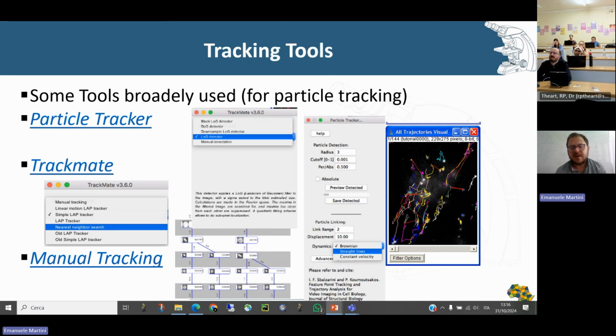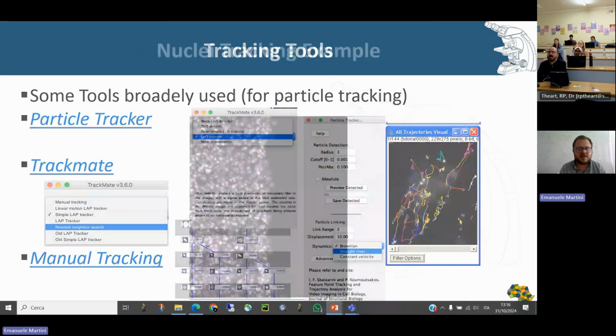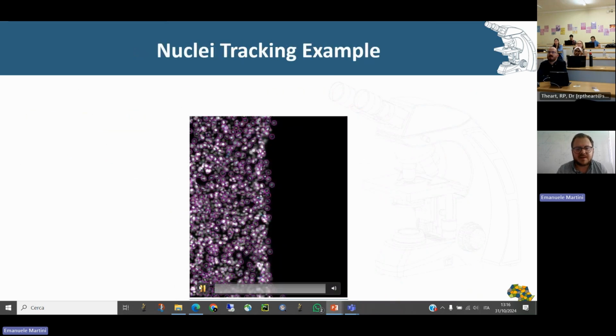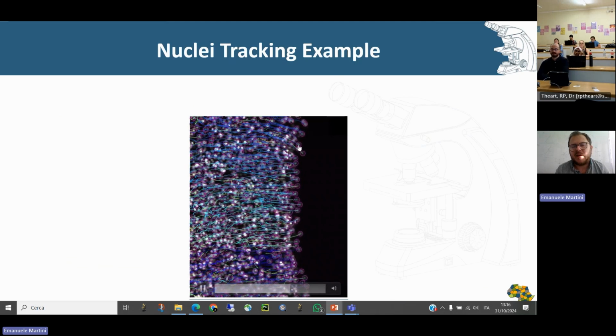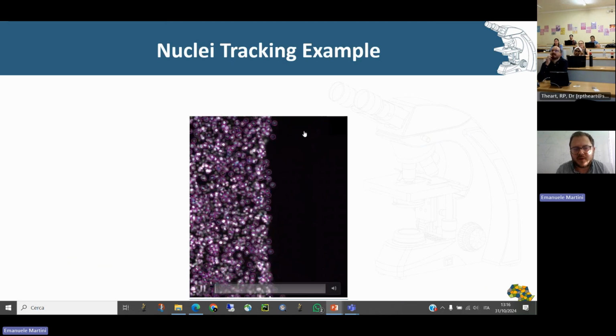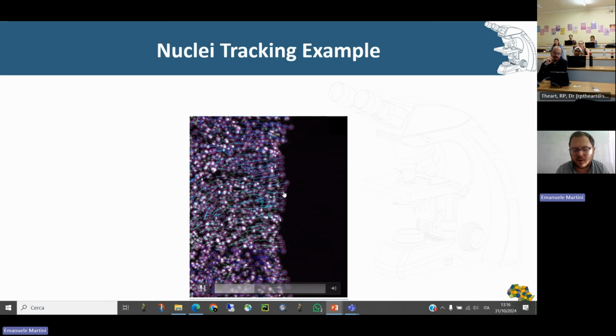Also for tracking there is the opportunity to do manual tracking, in the sense that you follow by hand, clicking on a cell in different frames. It's better to have something like this, and if you have nuclei with DAPI or tagged in some way, it will be quite easy to find algorithms able to automatically follow all of them.